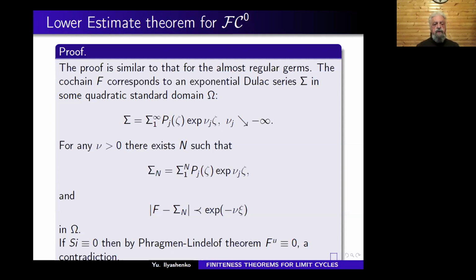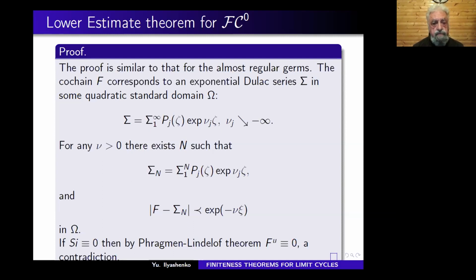So the lower estimate theorem formulated before claims that cochains of the class FC0 cannot decrease faster than exponentially. So they are greater than some decreasing exponential on the real axis.